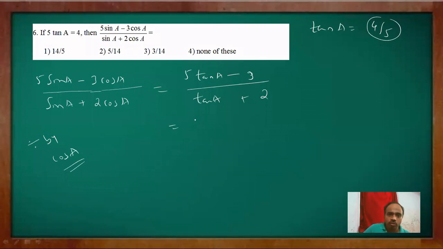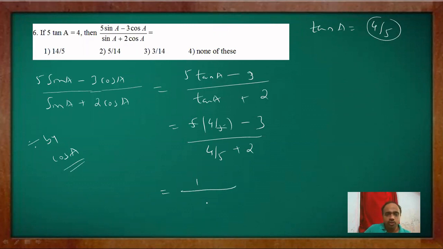If you substitute the value of tan A, 5 into 4 by 5 minus 3 upon 4 by 5 plus 2. If you cancel 5 and 5 here, 4 minus 3 is 1. What is 4 by 5 plus 2? If you take the LCM, 14 by 5. 1 divided by 14 by 5 means 5 by 14. That's option 2. Divide by cos.